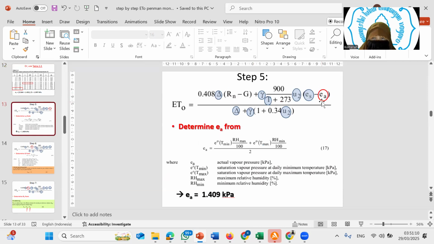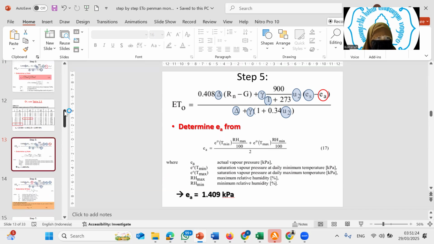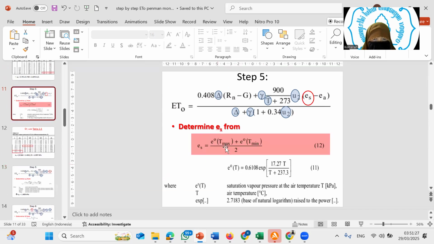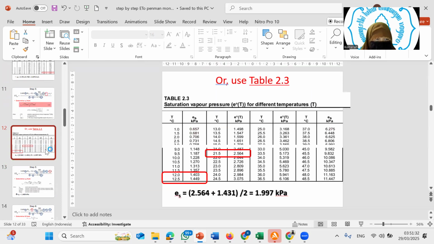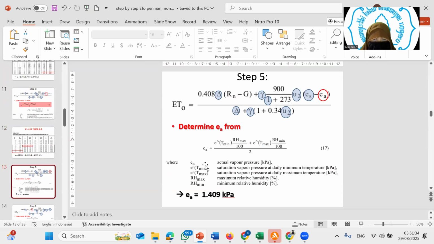And then we calculate the EA. EA is obtained by adding the humidity information to the saturation vapor pressure. Sorry, this was the ES. We use this calculation, the information given in table 2.3, times humidity. After calculating, we got that the EA is 1.409.